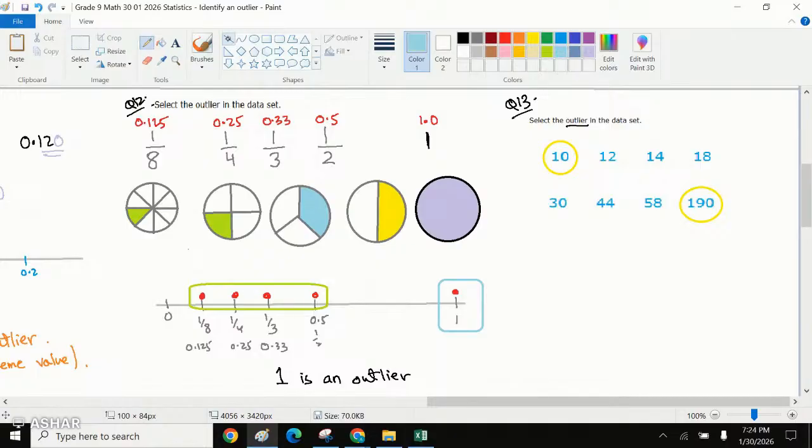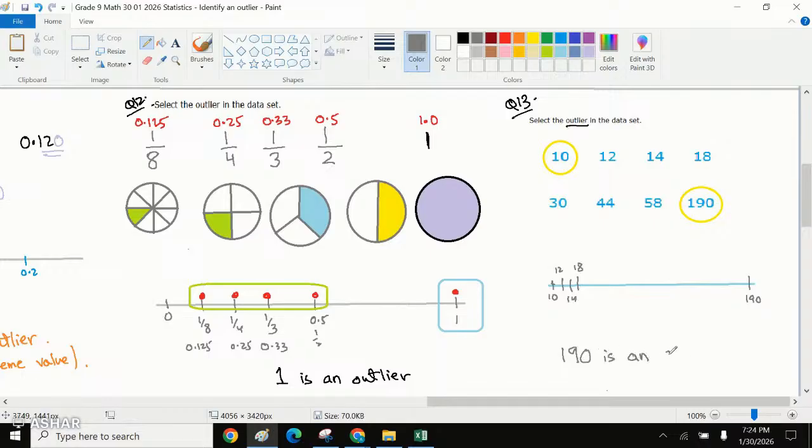Or if we would try to explain it on a number line, you don't have to give this explanation. I'm just giving this explanation for your reference. 14, 18, that means 190 would be so far away. So we can say 190 is an extreme value.